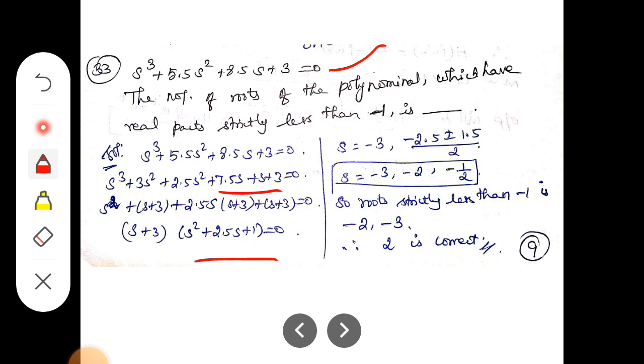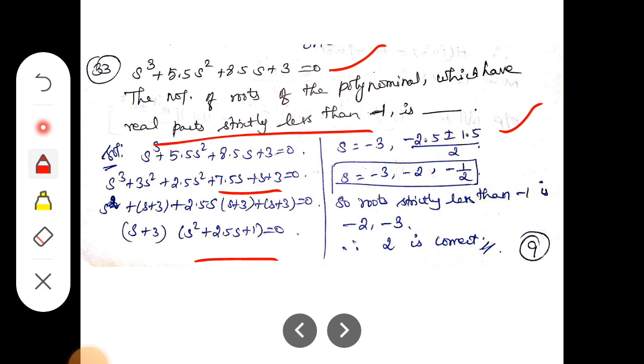It will be calculated as minus b plus or minus square root of b square minus 4ac, divided by 2a. From that equation we calculate the two roots, which simplify to minus 2 and minus 0.5. From this they want to know how many poles have a value less than minus 1.